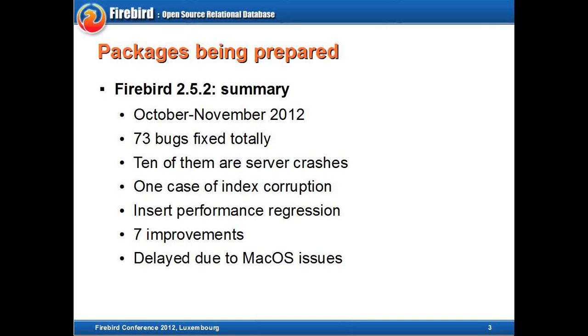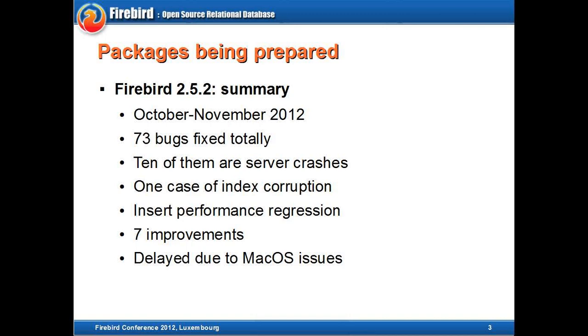But still, I'd like to point you to a few important bug fixes. 10 bug fixes were related to server crashes. One case of index corruption was noticed and fixed.